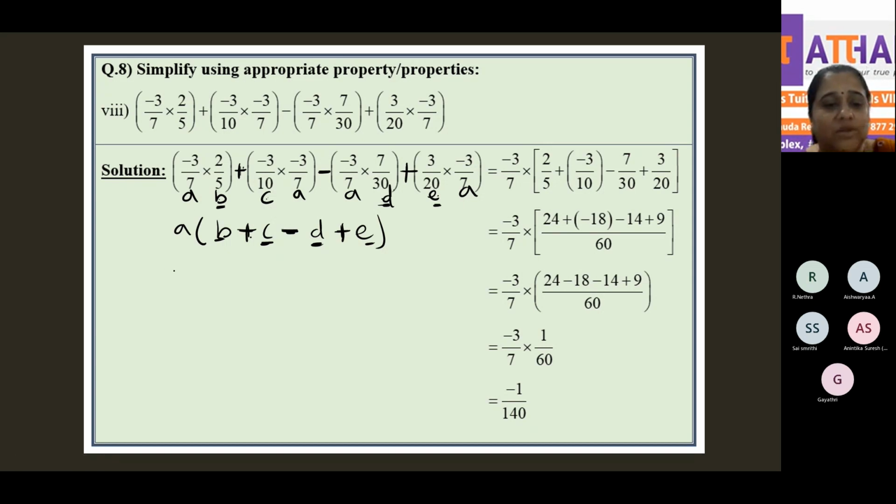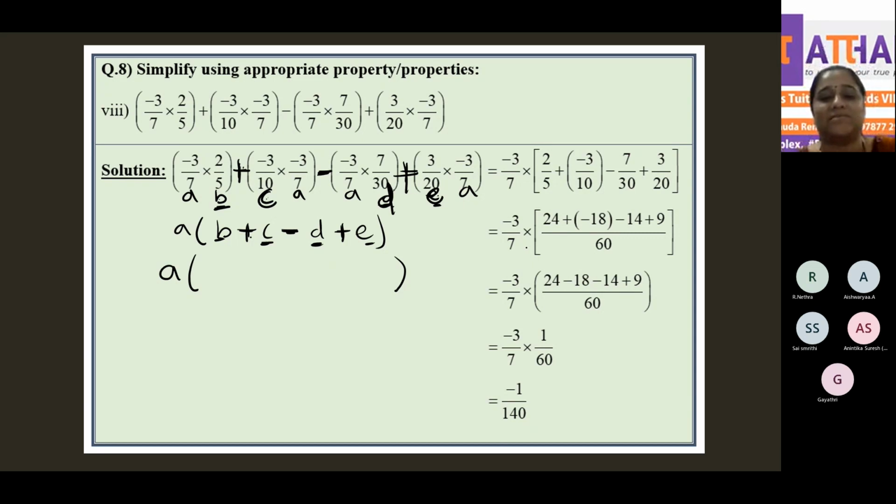Write out that A common, children, and in the bracket, you must write B plus C minus D plus E. Correct? Yes, correct.